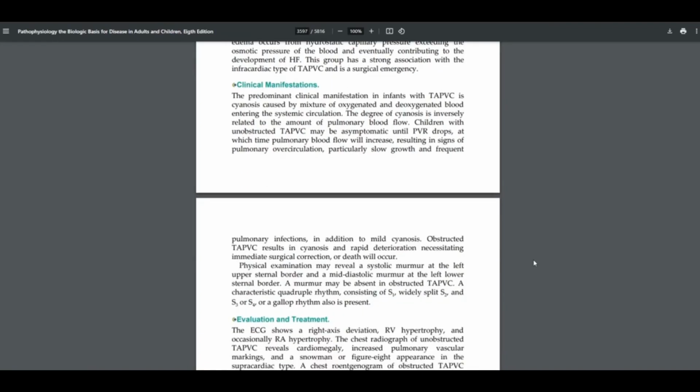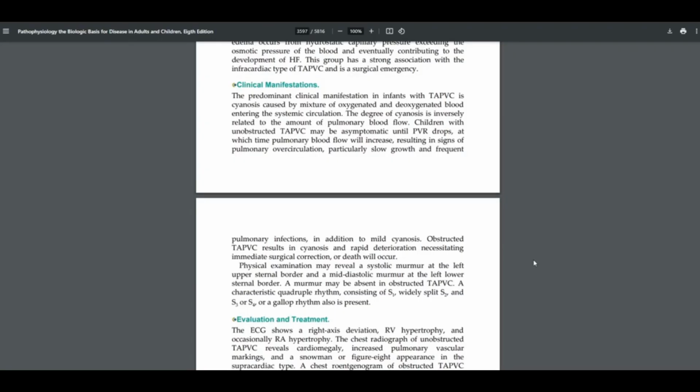Clinical manifestations in infants with TAPVC include cyanosis caused by a mixture of oxygenated and deoxygenated blood entering the systemic circulation. The degree of cyanosis is inversely related to the amount of pulmonary blood flow.